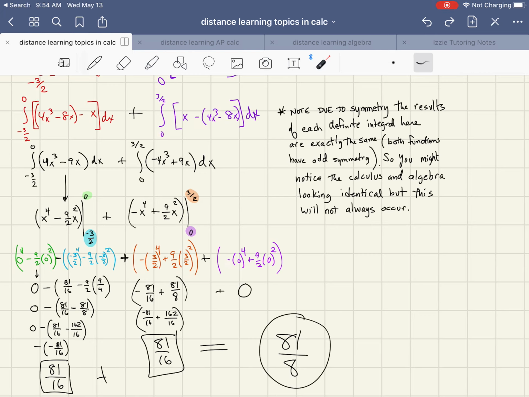That's not always going to happen. We're not always going to have perfectly symmetrical pieces. So on this particular problem, if we had noticed that earlier, we would have been able to just double one of these intervals. But I didn't want to show that because that's not always going to happen. So you can be creative, you can be more efficient if you recognize those symmetries.